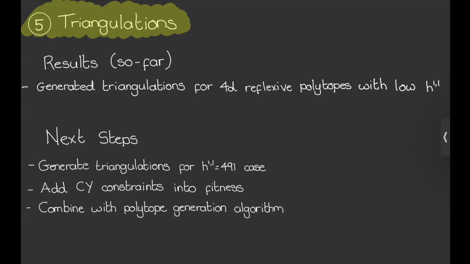So we would like to combine this with the polytope algorithm and have them running together. Then you can specify multiple properties of your Calabi-Yau and use the combined algorithm to generate examples for you.